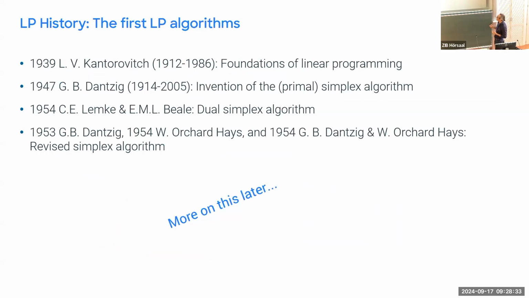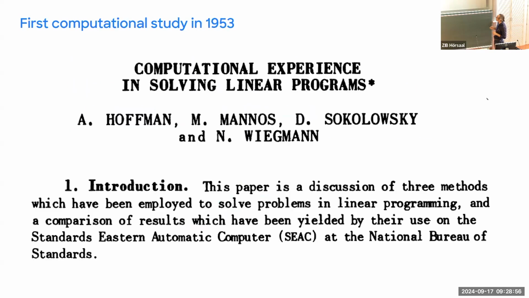You also heard in the history talk by Professor Grötschel the names of Kantorovich, who built foundations for linear programming in the USSR, then Dantzig, who invented the simplex algorithm, and Lemke and Beale, who came up with the dual simplex algorithm, and then further computational advances later. But we'll get into this later.